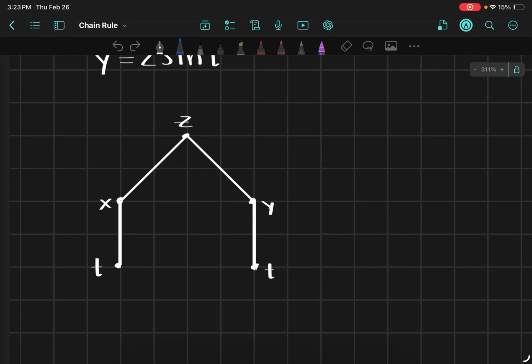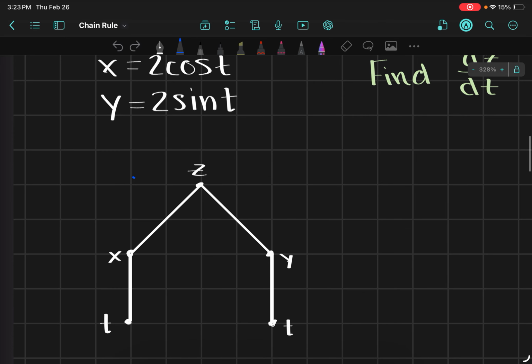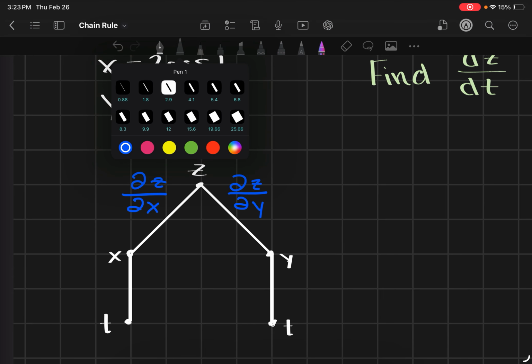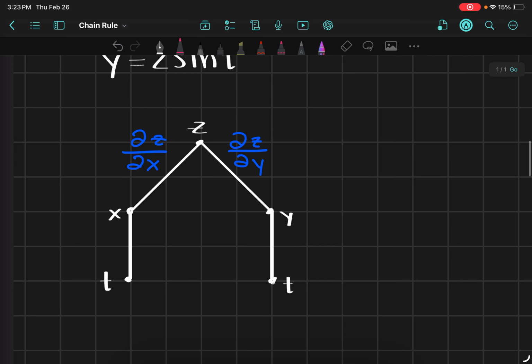So how are we going to do this? dz/dt is going to be the partial of z with respect to x and the partial of z with respect to y, I apologize. And then we come down here where we have our partial of x with respect to time and our partial of y with respect to time.